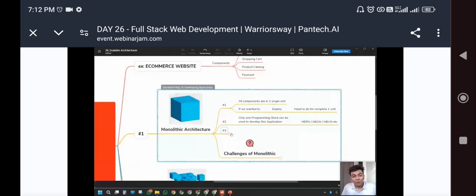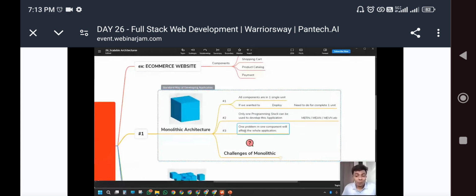And the third very important point: a problem in one component will affect the whole application. Of course.